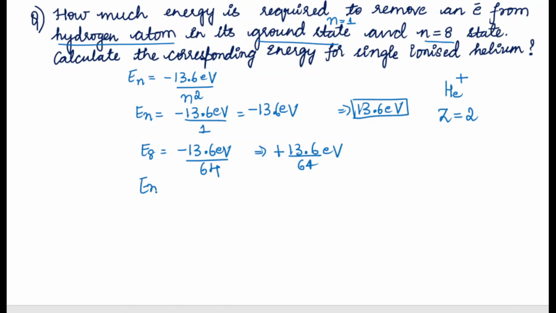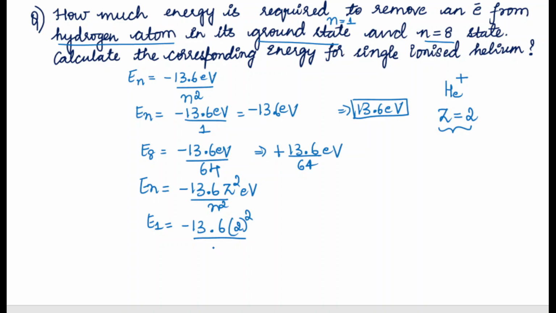So En is equal to what? Minus 13.6 Z square divided by n square electron volt, right? So here the only added term is the atomic number Z, which is equal to 2. For the ground state of a singly ionized helium atom, it is minus 13.6, and instead of Z square it will be 2 square divided by n square.